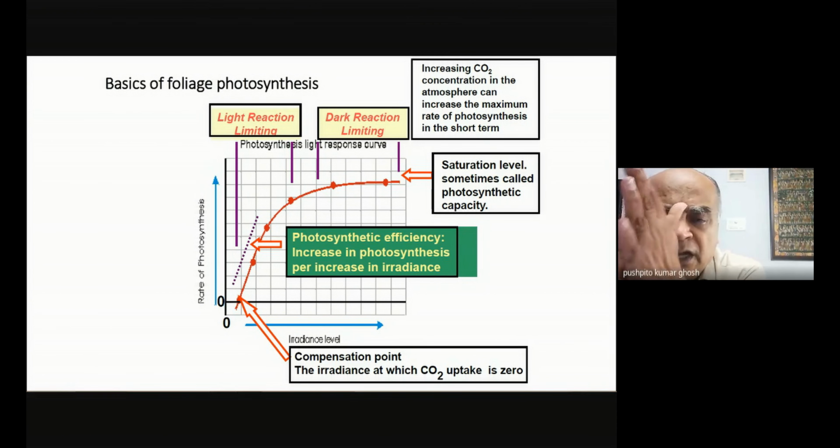I showed you the equations, and we also said that 680 nanometer and 700 nanometer are the places where this will basically absorb. But we have not said anything yet about what happens if we increase the level of illumination.